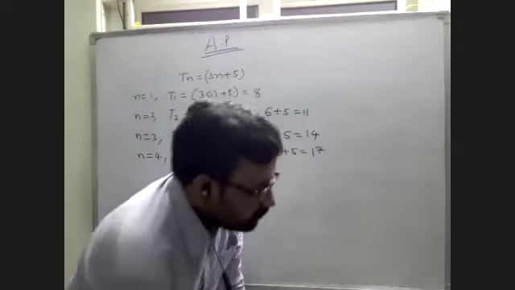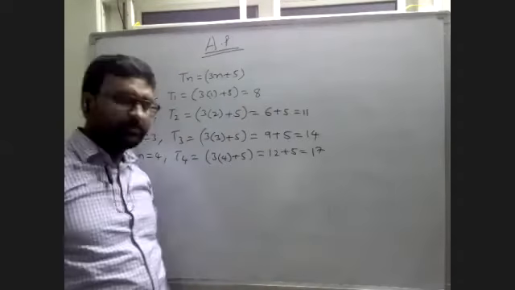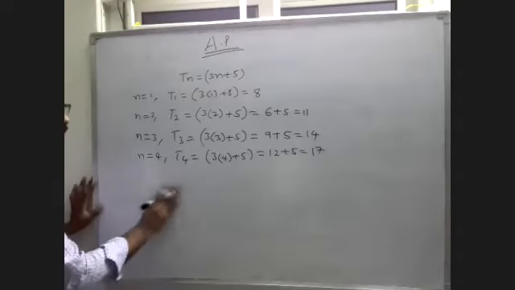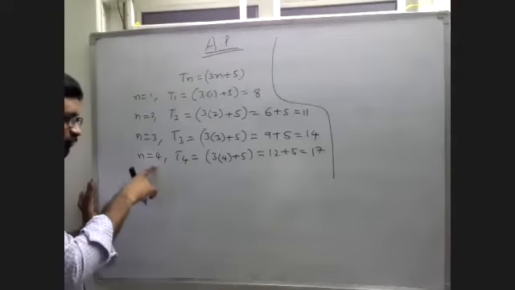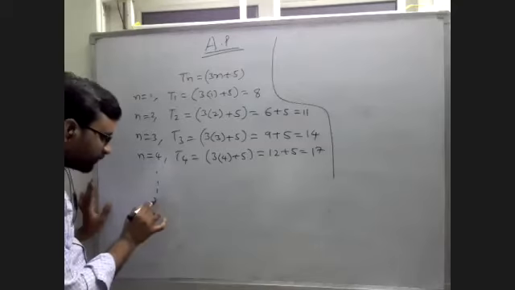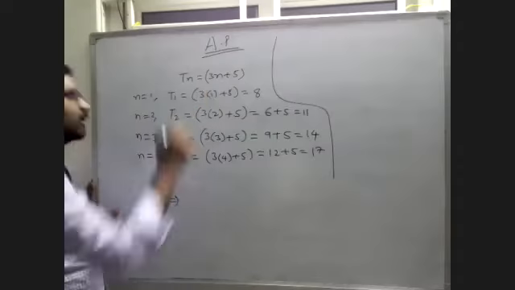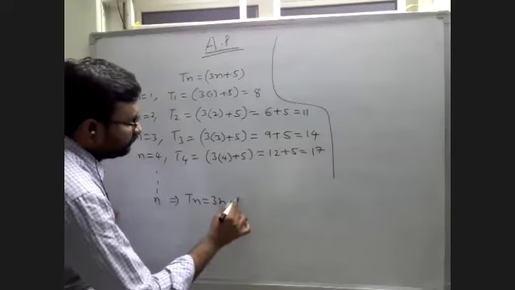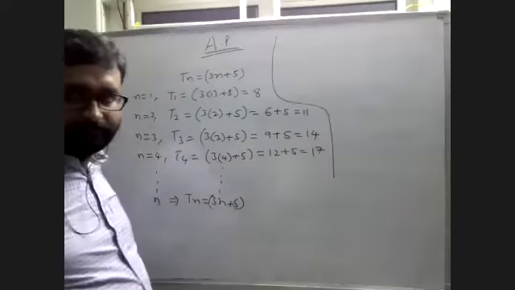So now here the first term is 8. Then n equal to 4, n equal to 5, n equal to 6, n equal to 7, like that. The last term is n equal to n, then the nth term Tn is equal to 3n plus 5, as we already took.